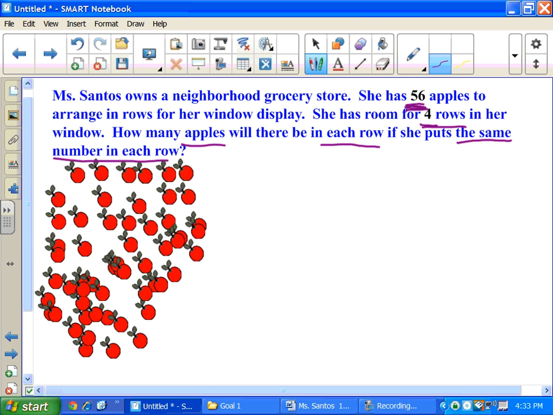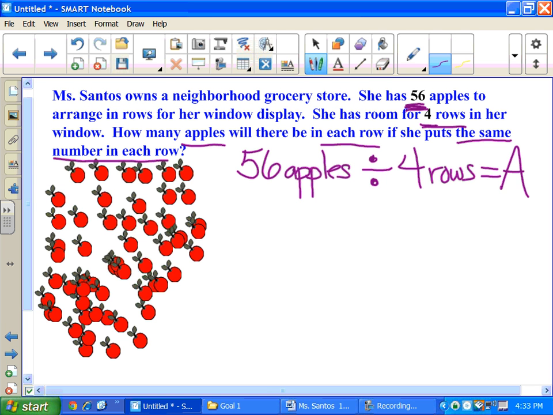So the equation that I would write to show this is that she is going to take the 56 apples and she is going to divide them or split them up into 4 equal rows, and that will tell us the number of apples that will be in each row.